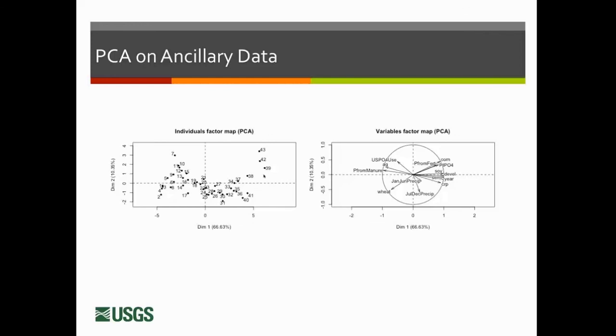So this is PCA on some ancillary data related to water quality in the Red River of the North Basin. I can see on this dimension 1 that percent land harvested soy, percent land developed, percent land semi-developed, and percent cropland in the Conservation Reserve Program are very correlated and represent the positive range on this dimension.